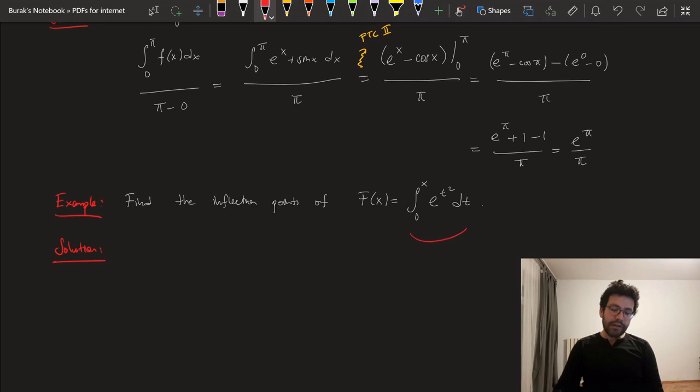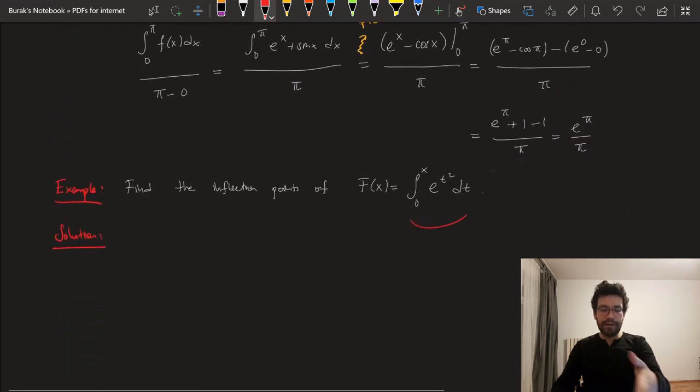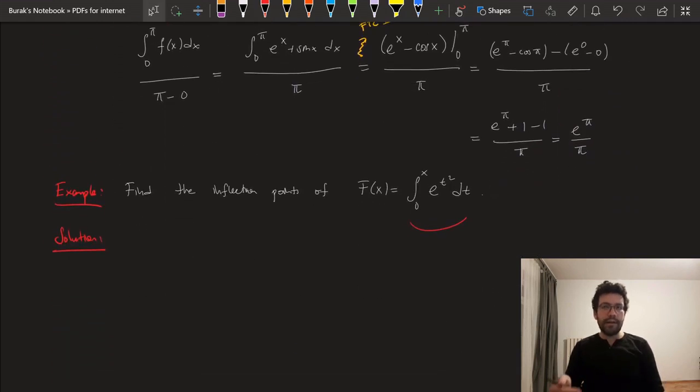Now, because in the previous two questions we were able to use fundamental theorem part 2 to compute a definite integral, you can try to do that. But you will fail because you won't be able to find an antiderivative for e to the power t squared. And it's not because I haven't taught you yet.